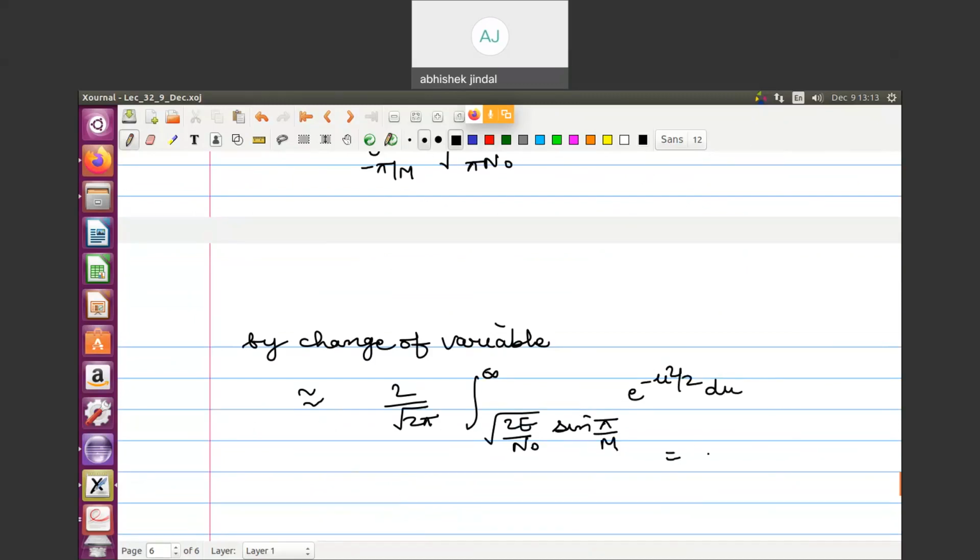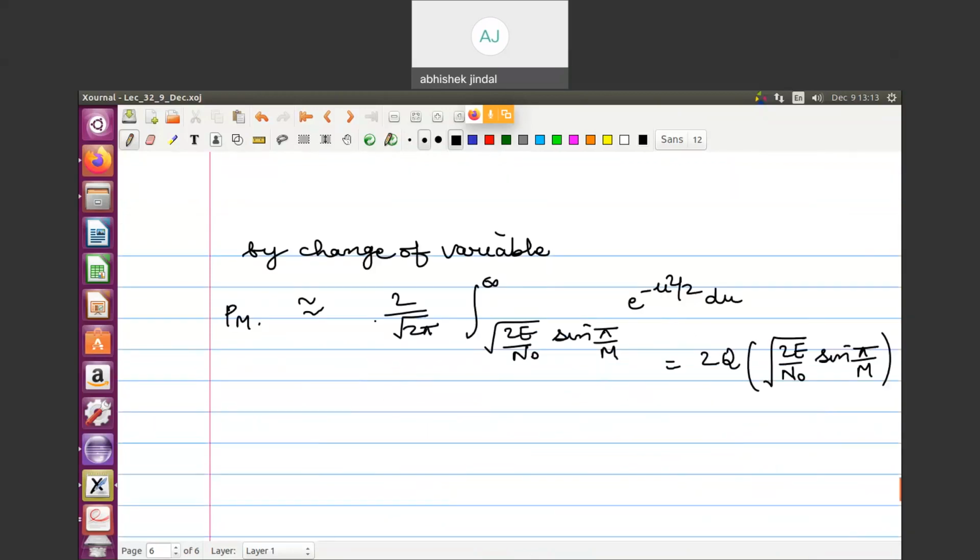And this is nothing but twice of Q of root of twice of e by N naught sine of pi by M. So this is the expression for the probability of error. This you will find in terms of the error function in Haykin's textbook.